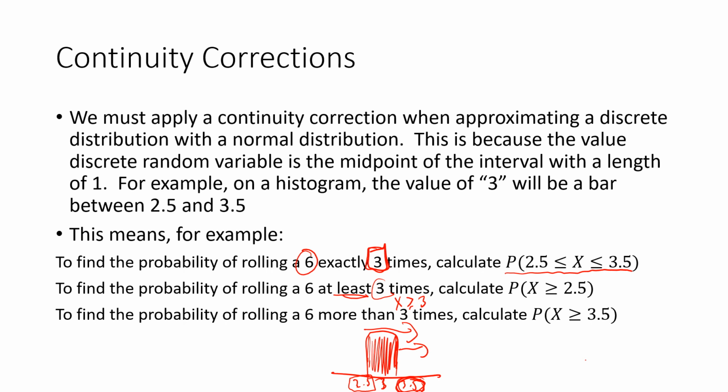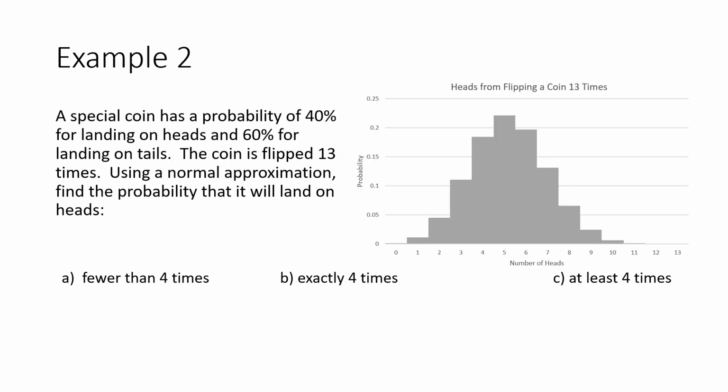All right, let's do an example to illustrate this. We have example 2. A special coin has a probability of 40% for landing on heads and 60% for landing on tails. The coin is flipped 13 times. Using a normal approximation, find the probability of landing on heads fewer than 4 times, exactly 4 times, and at least 4 times. First off, we have to determine whether we can use a normal approximation to get a good estimate.